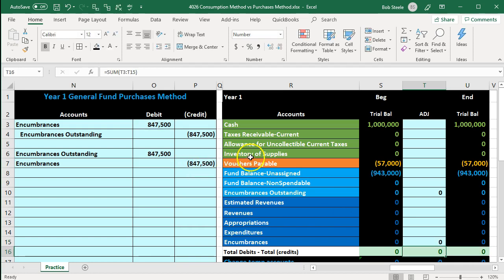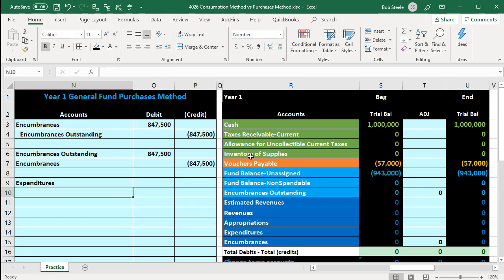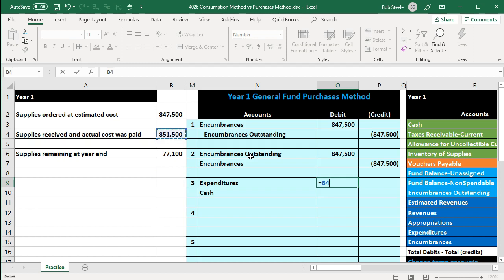Now, instead of recording the actual amount to the supplies, we're going to record it all as an expense, even though we haven't consumed it all yet, or an expenditure, similar, same concept. Expenditures in essence. Okay, so then the other side of it is going to be going to cash. And this will be for the actual amount.